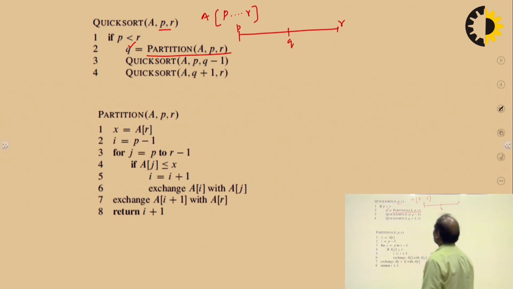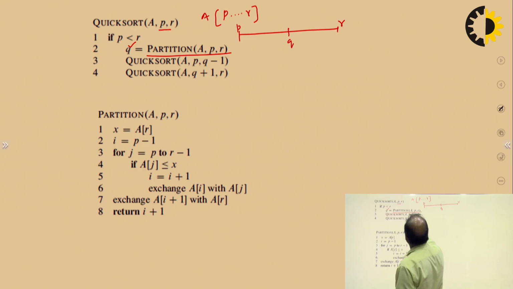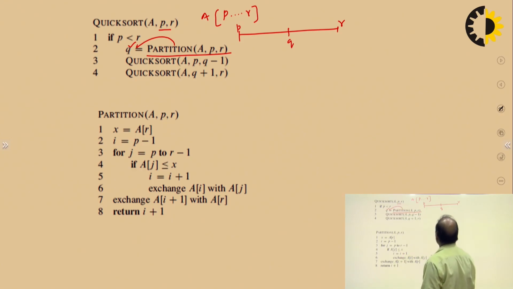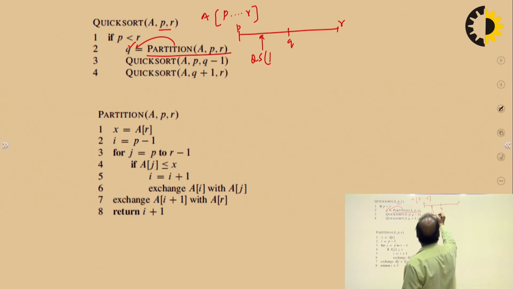After partitioning, this procedure will return the position of the partitioning element. Then we apply quick sort on the left hand side, P to Q minus 1, and on the right hand side, Q plus 1 to R.